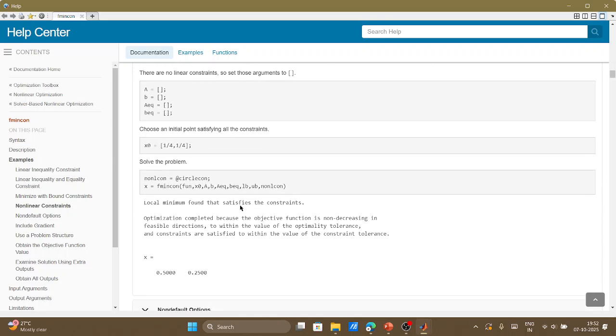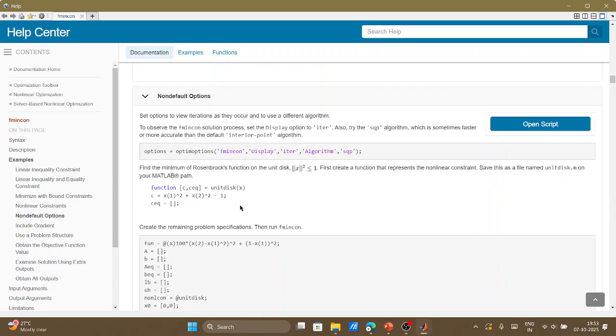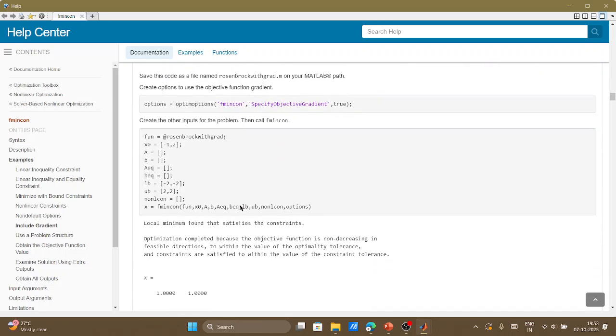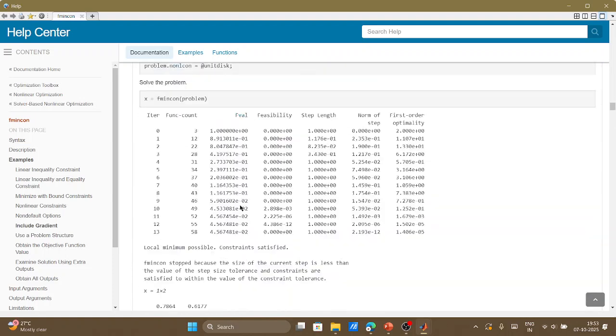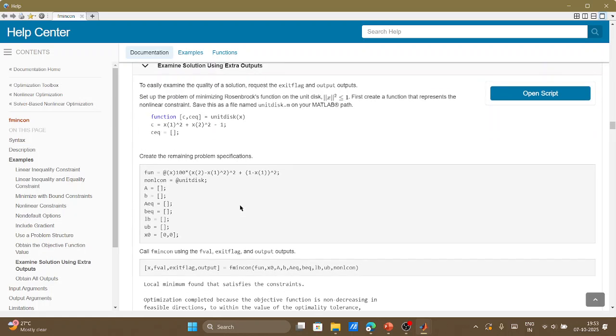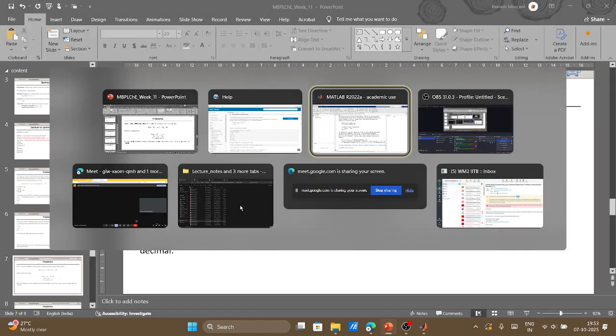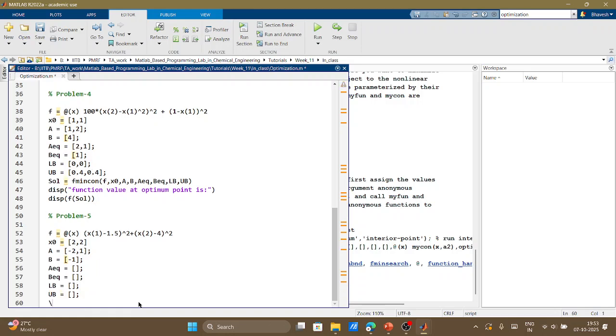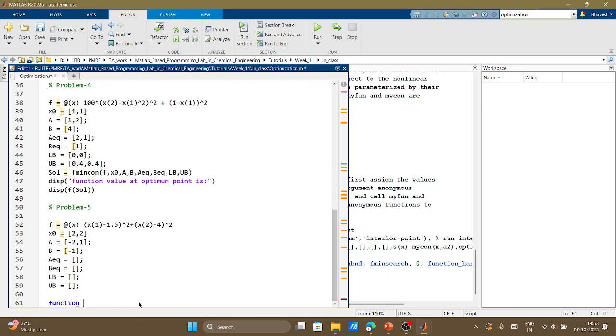So let's see. We will create a function which provides C and CEQ equal to the non-linear constraint of x.